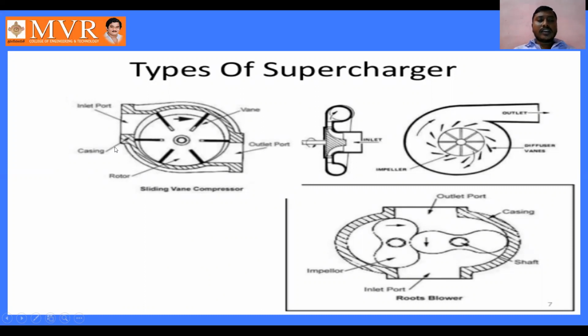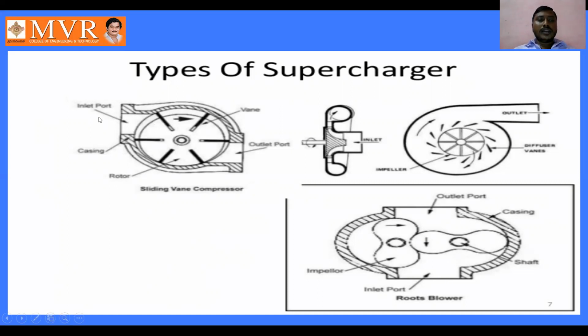The casing is a cover so that the air does not escape from the engine cylinder to the atmosphere. These are the vanes which lie on the rotor. This is the outlet port; after the engine output is obtained, the hot gases are exhausted into the atmosphere through this outlet port.